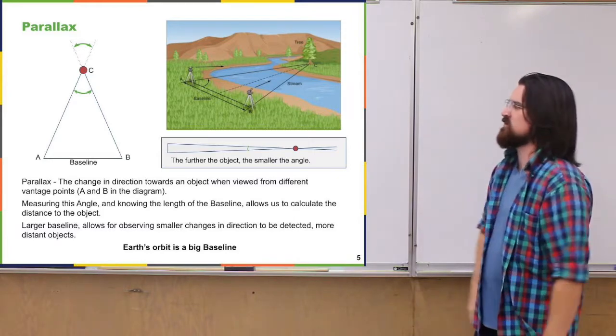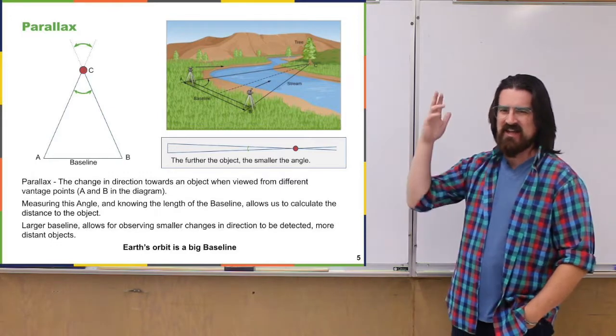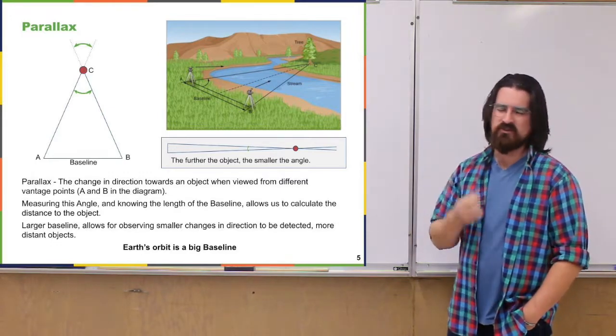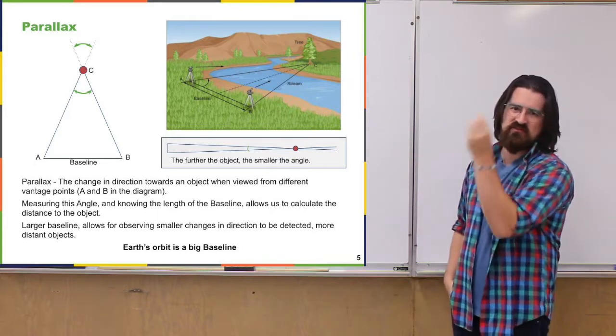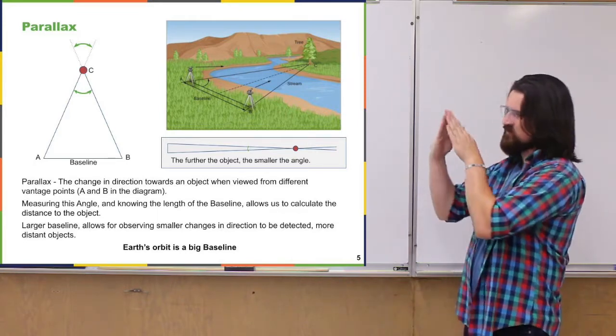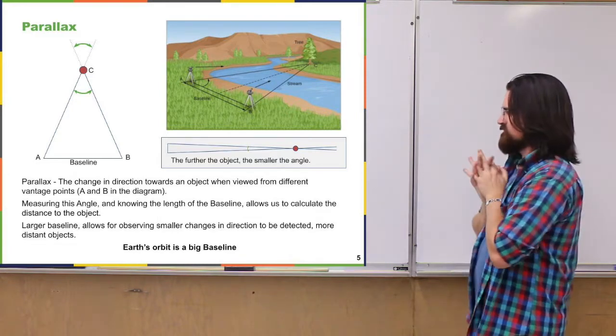Again, that angle we sometimes call parallax. I think technically the parallax is half that angle for not obvious reasons, but we could essentially just think of that angle, right? It's that difference in direction from the two vantage points.